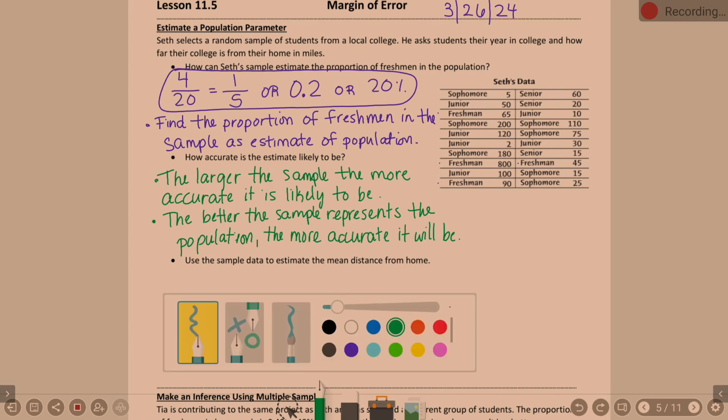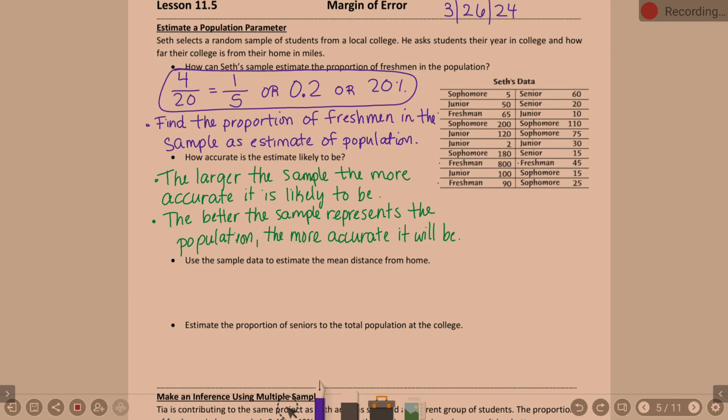Again, write down your information. And once you've written down that information, start thinking about the next piece of this question.